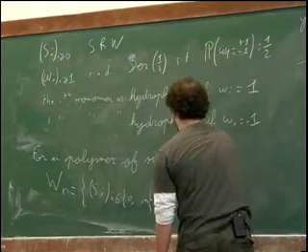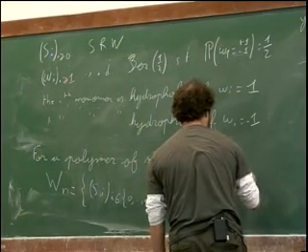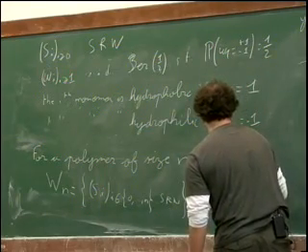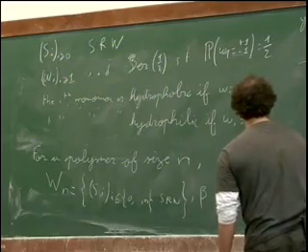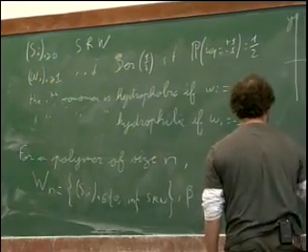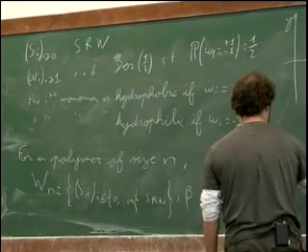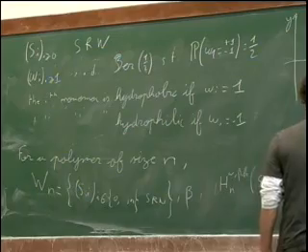For each trajectory in Omega n, we associate a Hamiltonian, an energy, H n omega beta h of S, given by beta times the sum over i equal 1 to n of (omega i plus h) delta i.